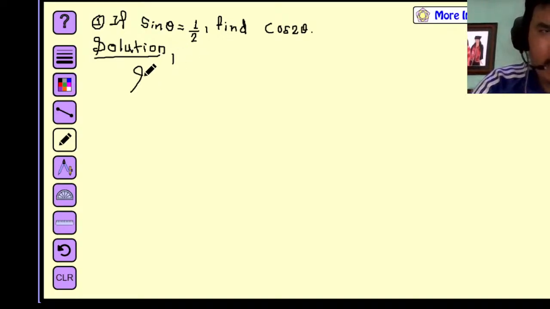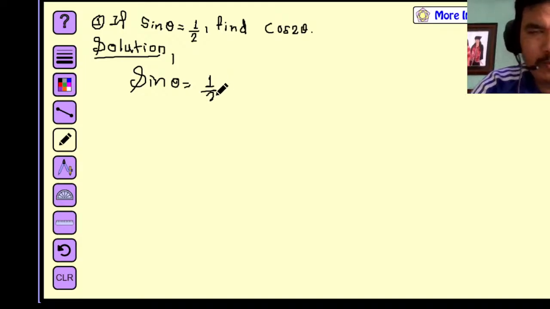Sine theta is given, and its value is given as 1 by 2. Write here 1 by 2. And it is asked to find the cos 2 theta value.